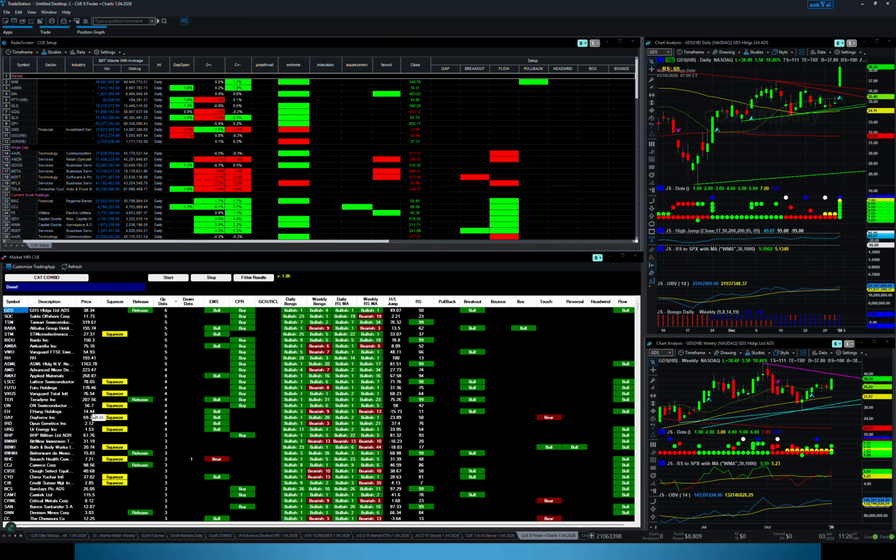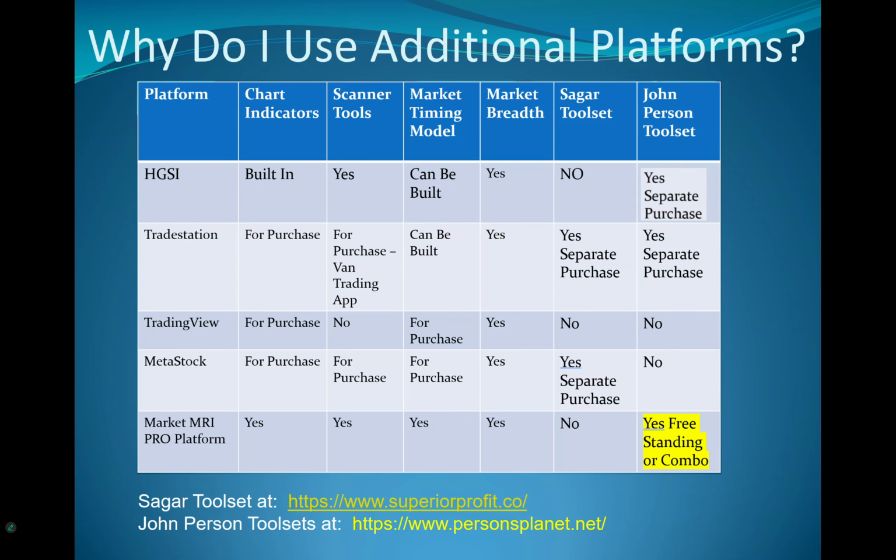And I've combined Sagar's stuff in mine. So there are things about TradeStation that I like. It has its issues. It's not stable. You have to have the brokerage account with them, which you can't do in certain parts of the world. And they've got a new version called Titan that they've launched, which doesn't seem to take any of the indicators that I own.